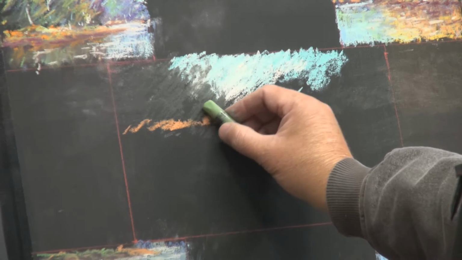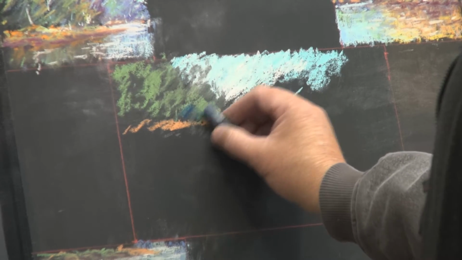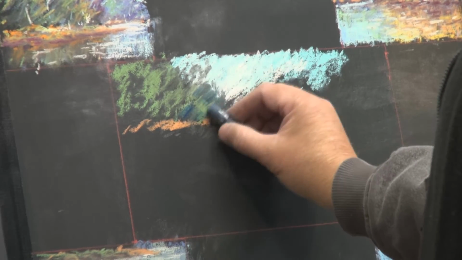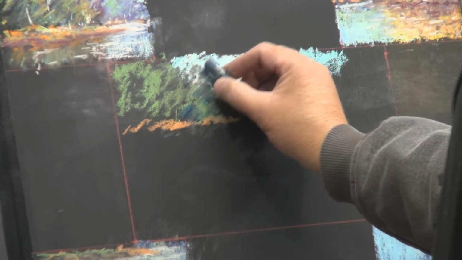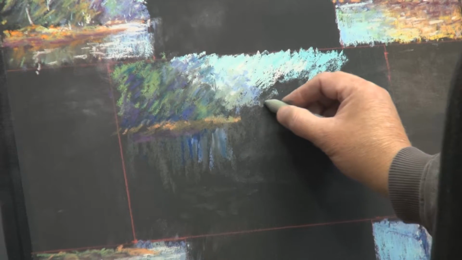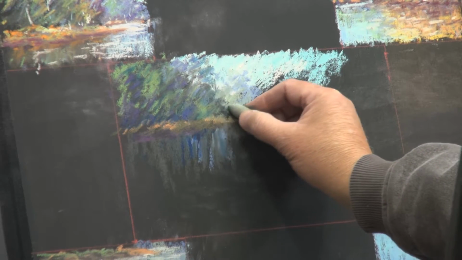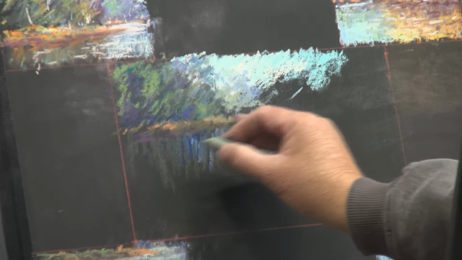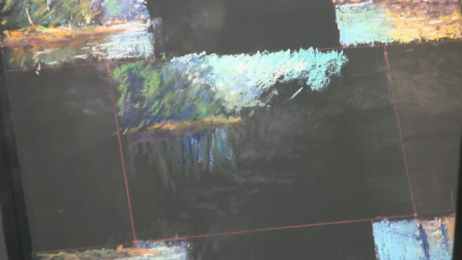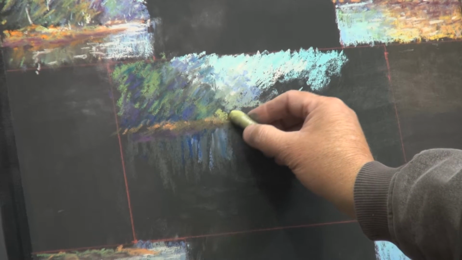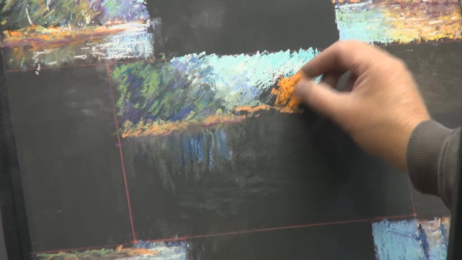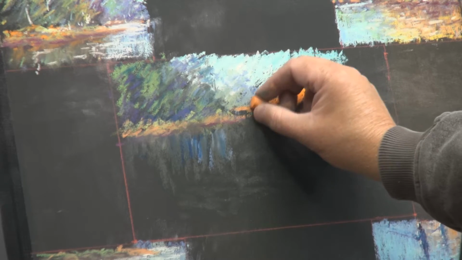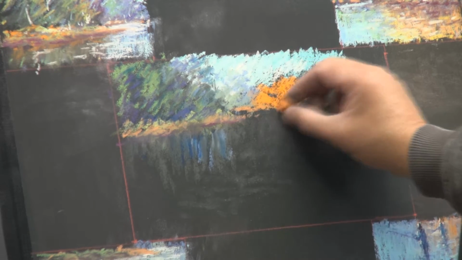Trees going to link into the water. It's up slightly higher than this edge here. Just to shape 2 small autumn looking trees.